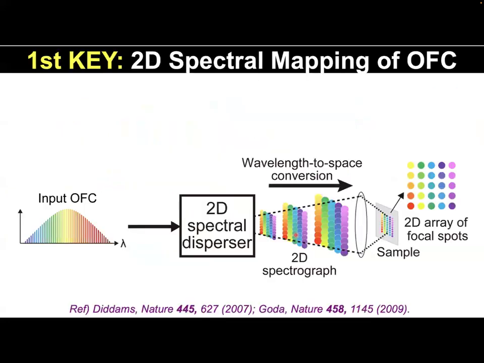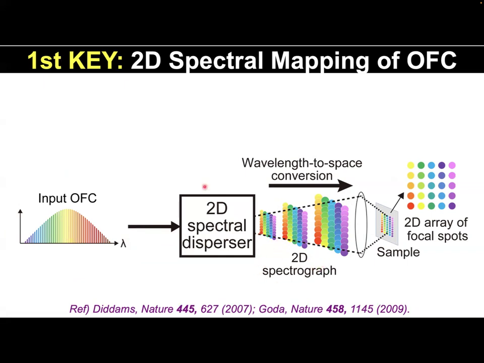The first key is the 2D spectral mapping of OFC. When the OFC is fed into the 2D spectral disperser, each OFC mode is separated at a different solid angle, depending on the wavelength. This corresponds to the 2D spectral graph.